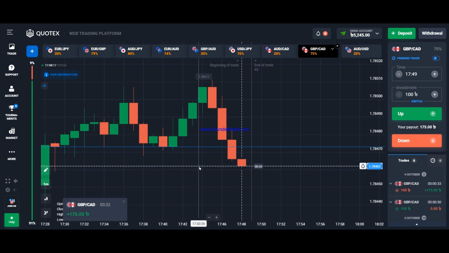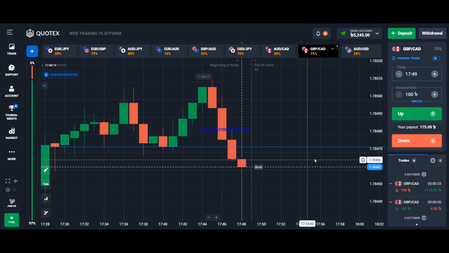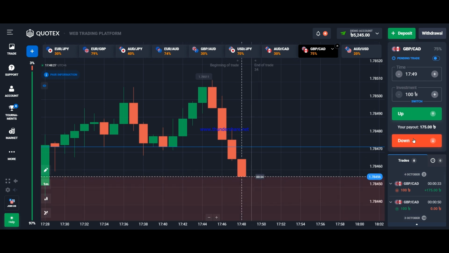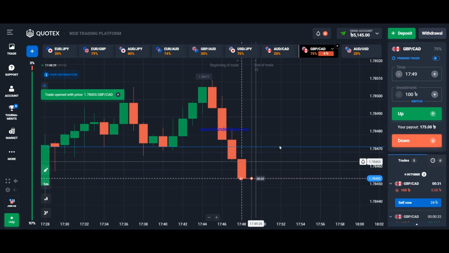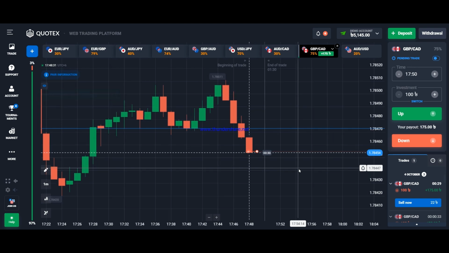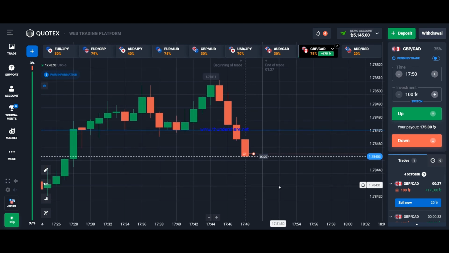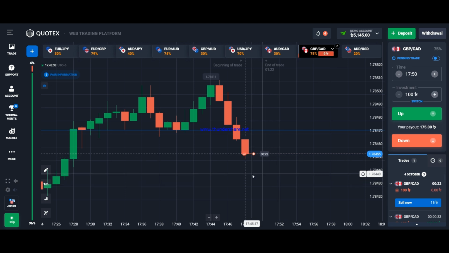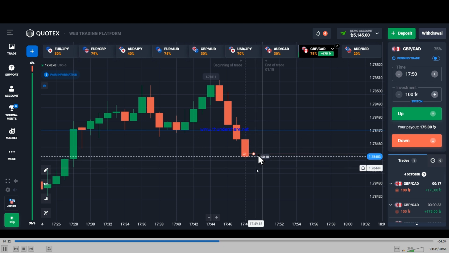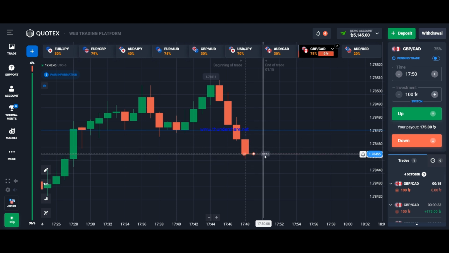So you can see that buyers are not pushing the candle very strongly. I'm seeing no buyers' entry, just the sellers, and this is the candle where buyers should try to enter, because they can come here right now to retest this level, but they aren't able to do that because they are weak.